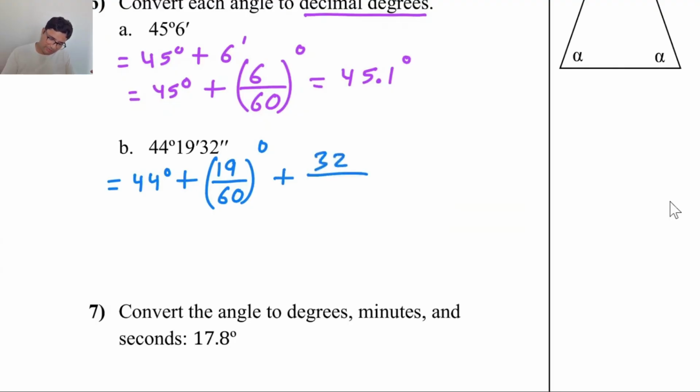The first time you divide by 60, it converts to minutes, right? 32 over 60 minutes. You divide by another 60. So remember, both the 60s have to go to the denominator: 60 times 60 in the denominator. Now it is in degrees. You can do 3600 directly if you want to remember it that way.